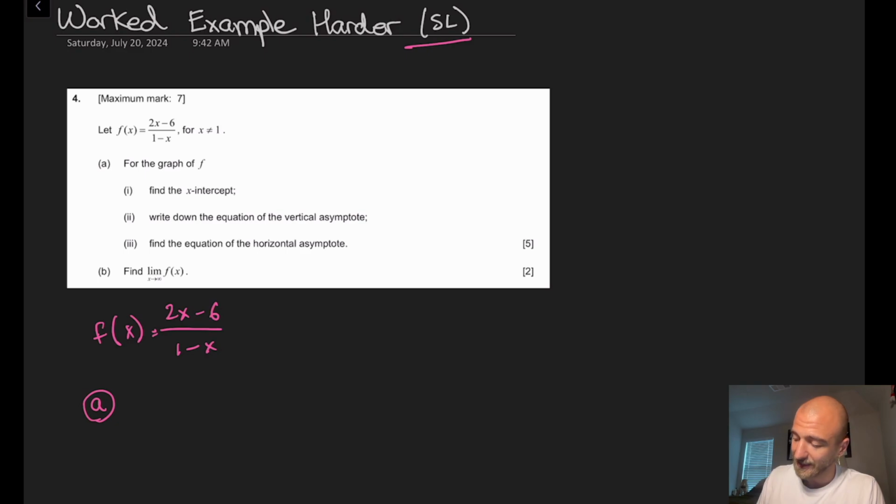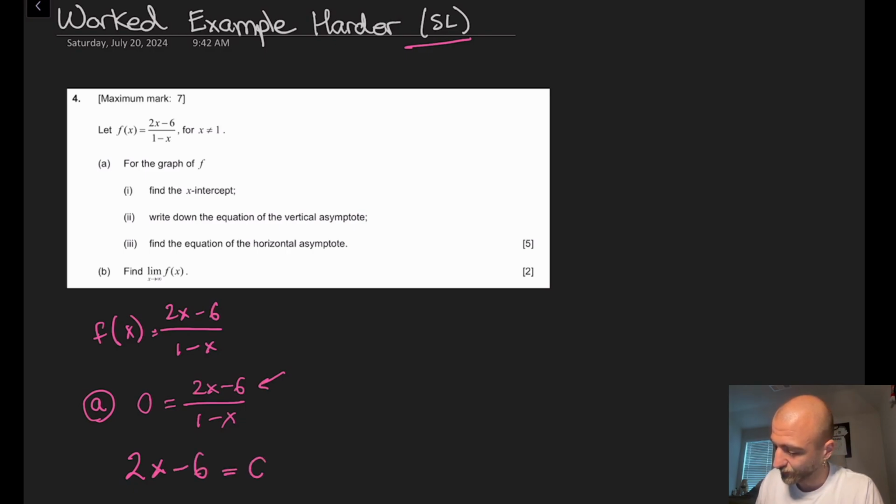So we can literally set the equation equal to 0, 2x minus 6 over 1 minus x. A fraction is only going to ever equal 0 when the top of the fraction is equal to 0. The denominator is never allowed to be equal to 0. It gives us that weird undefined thing. So the only way this is going to be true is when 2x minus 6 is equal to 0.